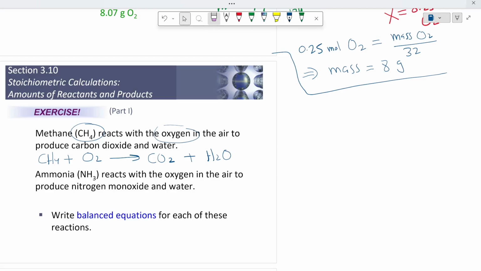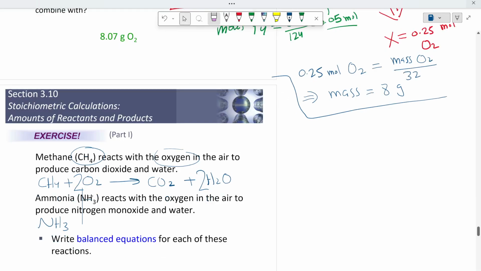To balance the equation, we can easily balance it. Here we have one carbon, here we have one carbon, here 4 hydrogens, so you should multiply this by 2 and this by 2. The second equation, ammonia reacts with oxygen, so the reactants are ammonia and oxygen to produce nitrogen monoxide, NO, and water, H2O.